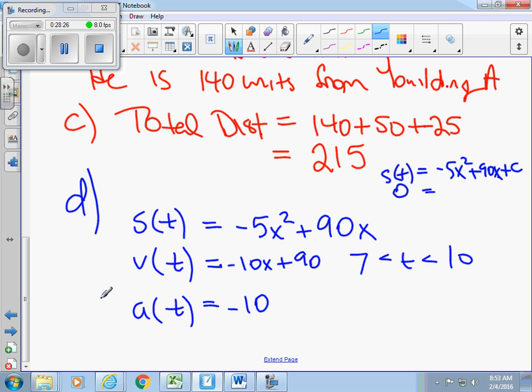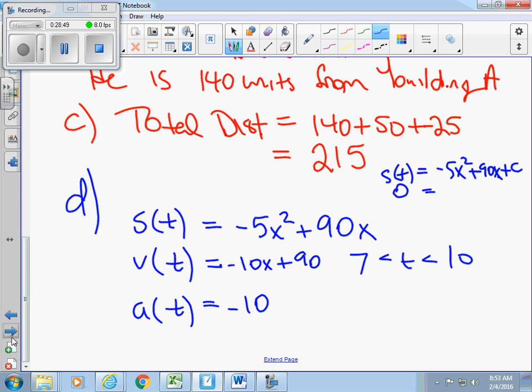So if they said the squirrel starts 10 meters away from building A, then this would be a plus 10 after this.